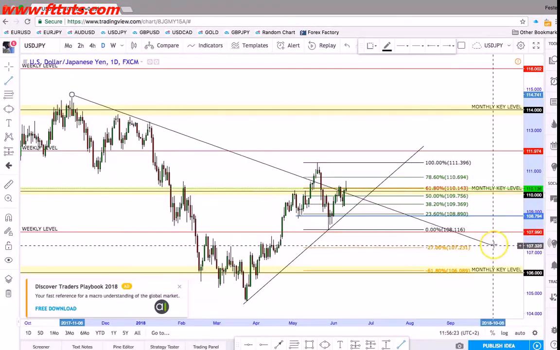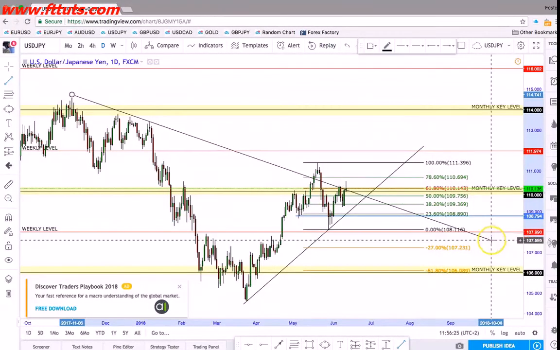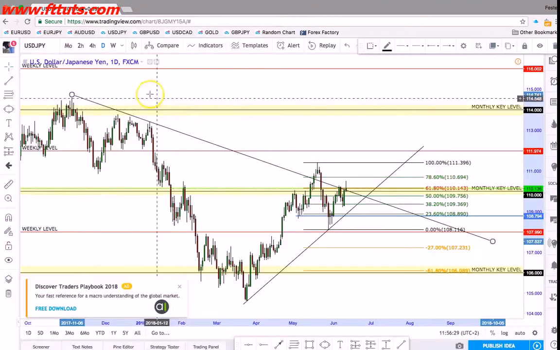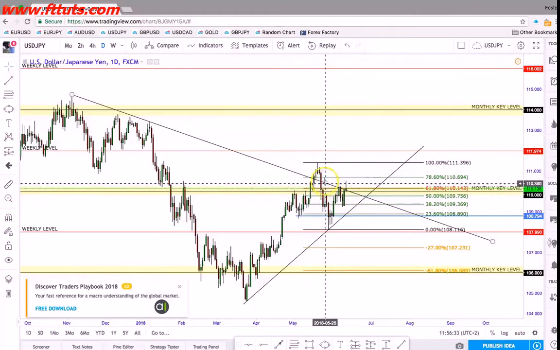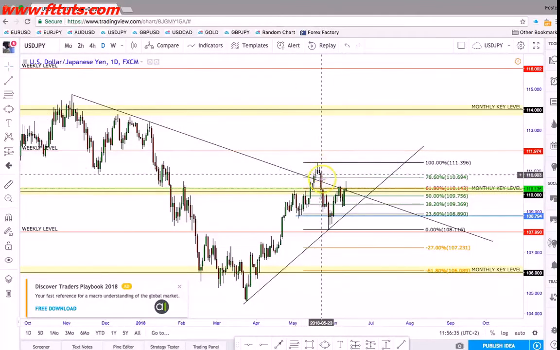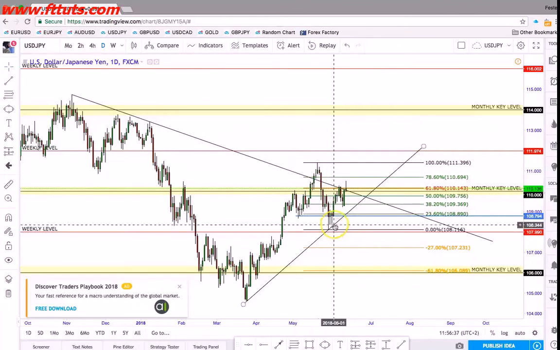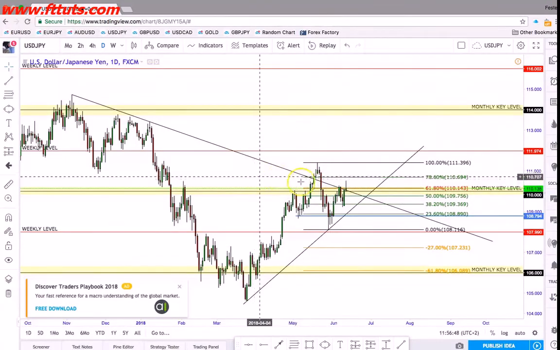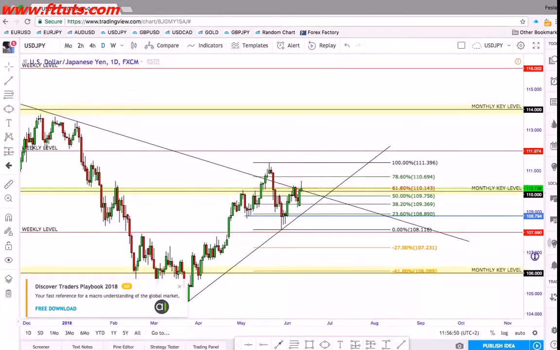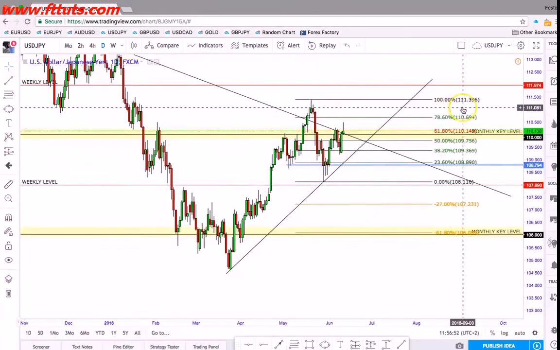Okay, so remember, whenever you draw your trend lines, you draw it from A to B and into the future. So we've broken out of this trend line before. We came back, bounced on the ascending trend line, and now we're sitting again currently above the descending trend line.